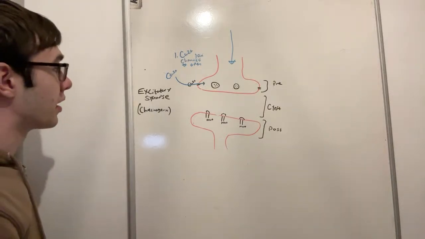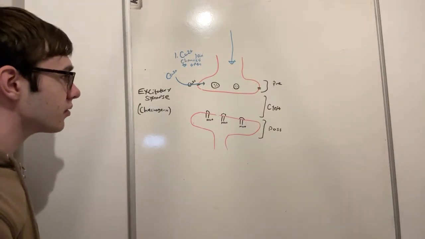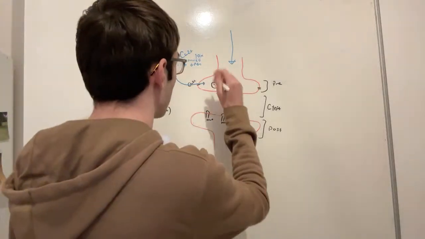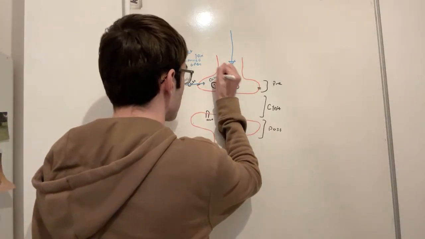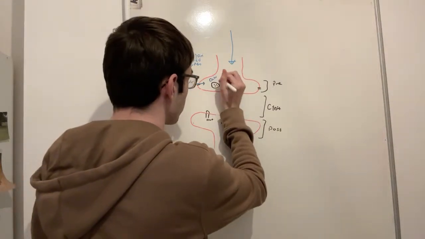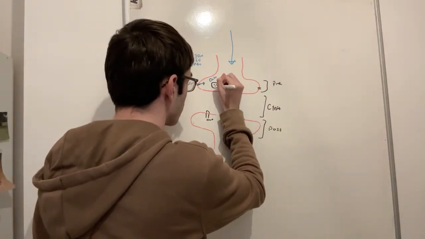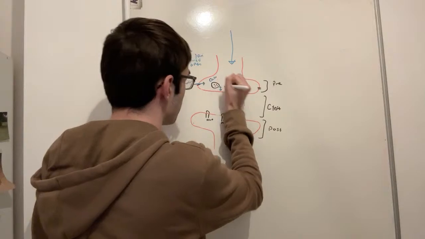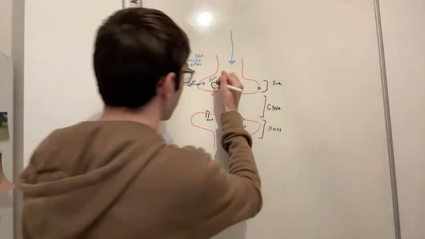The second thing we need to talk about is that the arrival of calcium ions into the presynaptic neuron causes the vesicles containing neurotransmitter to fuse with the membrane.